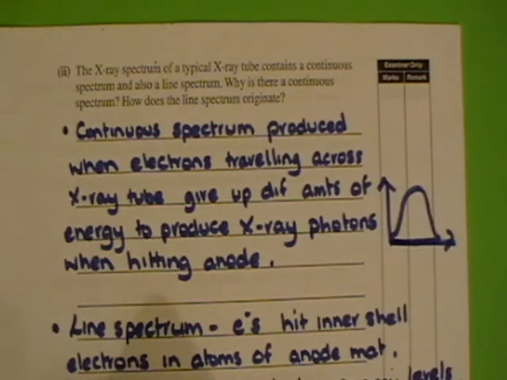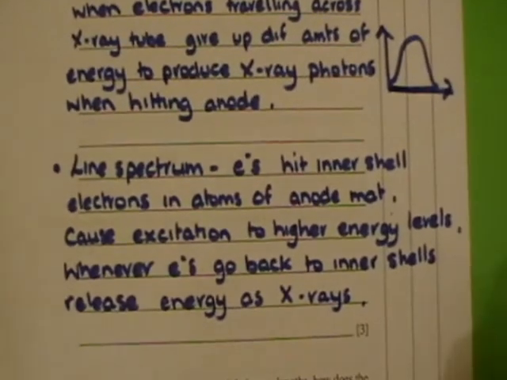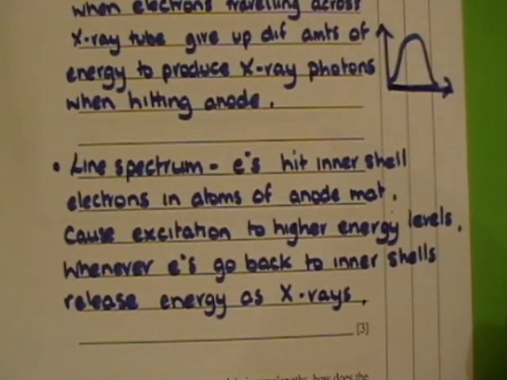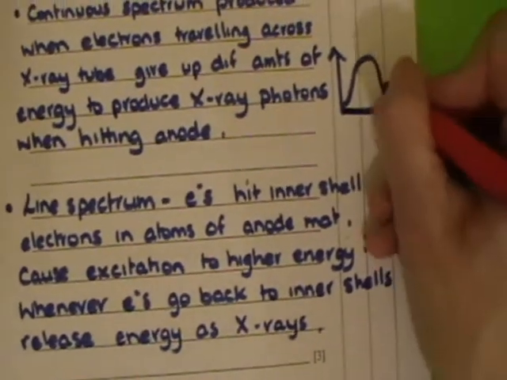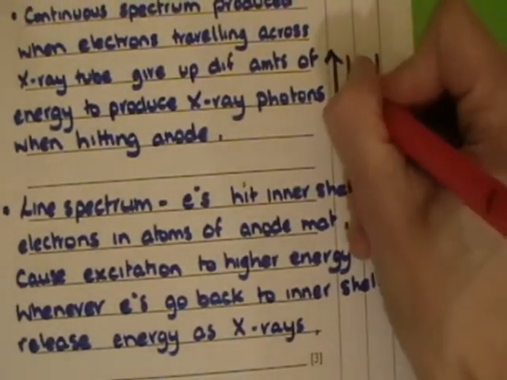And then whenever they go back to inner shells, they release energy as X-rays. And of course that depends very much on the difference between the energy levels, and that's why you get very specific places where you get these spikes here, depending on your material.